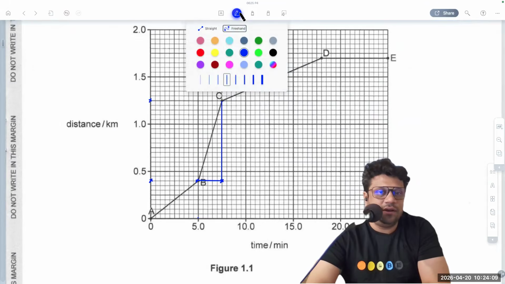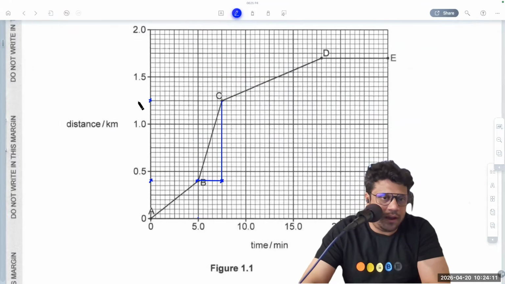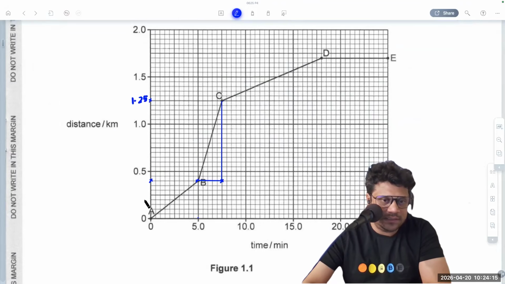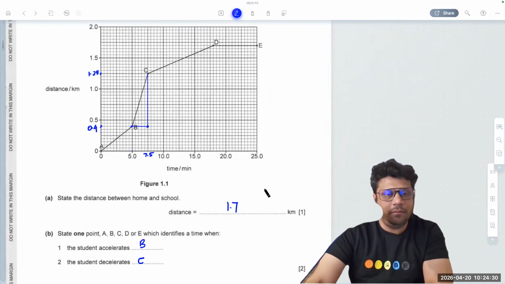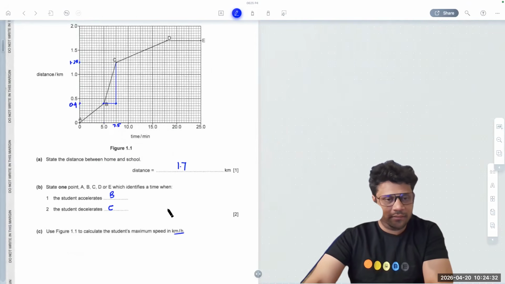So this one looks like 1.25, and this one is 0.25, 0.3, 0.35, 0.4, and this is 7.5. Okay, so the gradient is going to be, let's put it up here.